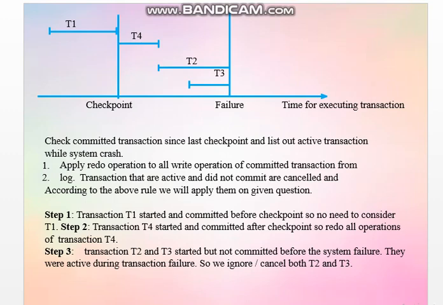But for T4, because it is a committed transaction, we need to perform the redo operation. But for transactions T2 and T3, because they started but are not committed, these are failed transactions, so we just ignore them. Why? Because they don't have any effect on the secondary device.